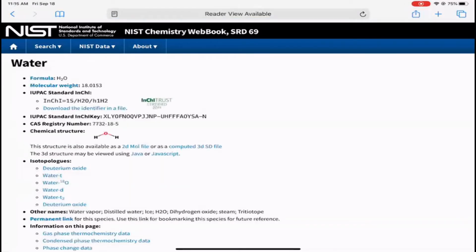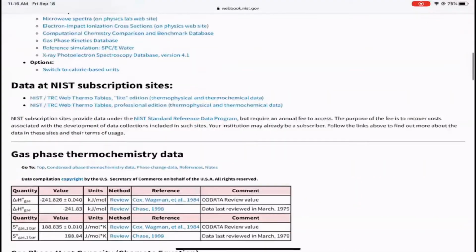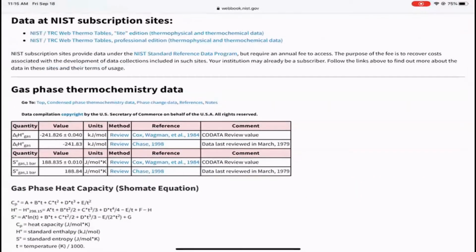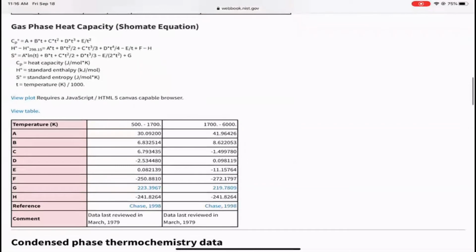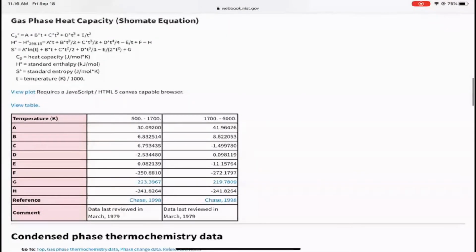And that's H2O. And so here, if we scroll down, the first thing that the NIST chemistry webbook will give you is the gas phase data. So you'll get the standard heat of formation and the standard entropy of formation for that gas. And then we talked previously about the Stoichiometry equation. So you'll see here at the very, very top of the page where I have Cp equals A plus B times T, et cetera.